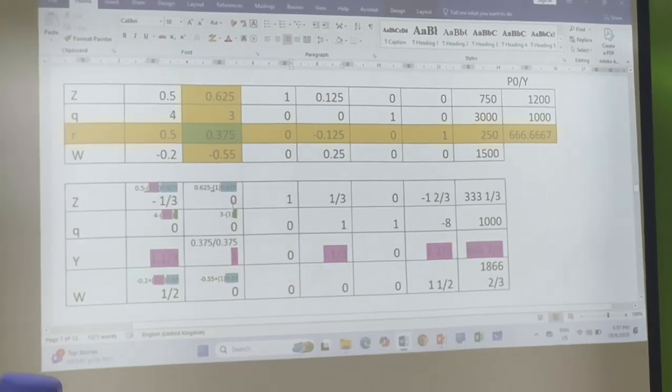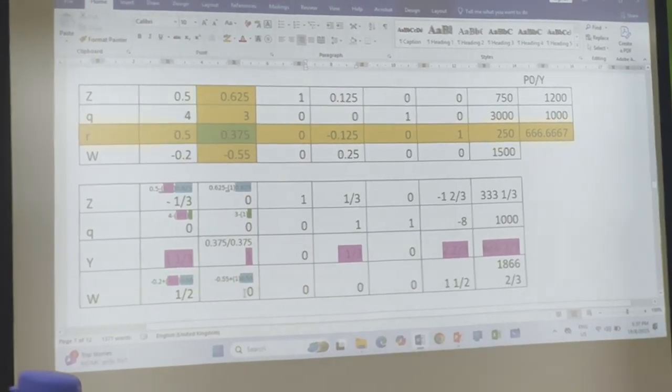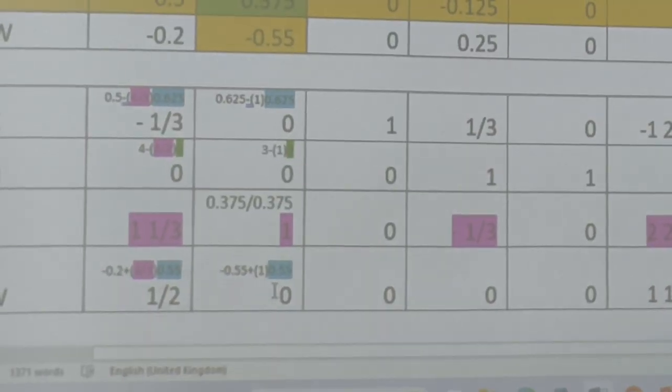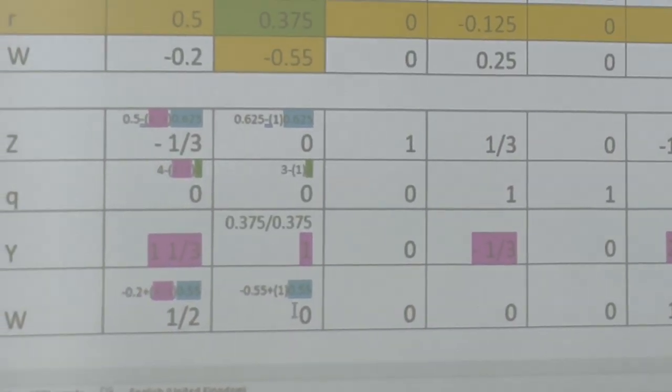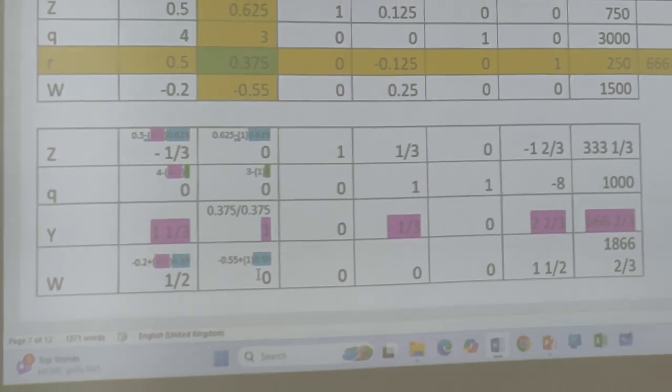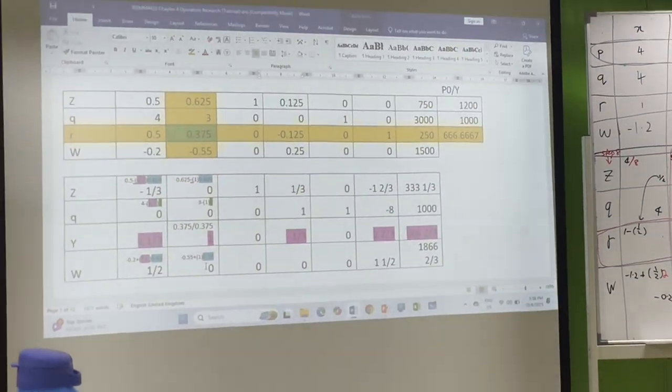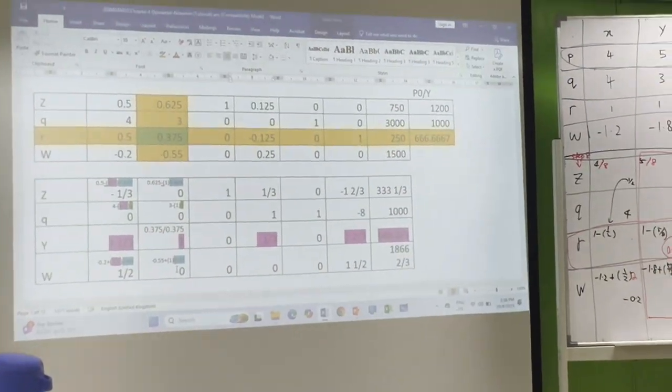So how to get 0, 0, 1, 0? Follow steps. Follow the pattern.